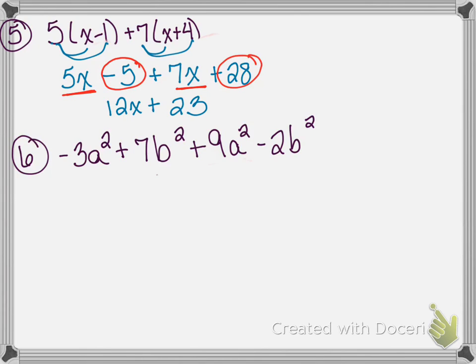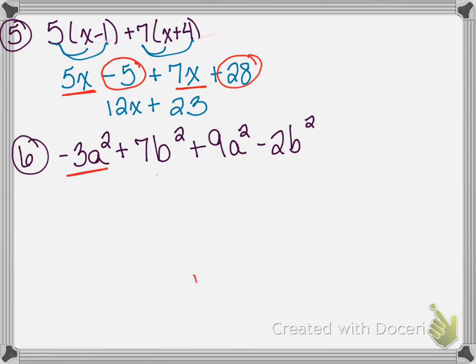Okay, the only thing that we can do here is combine like terms. We don't have anything that we can distribute. We also do not have anything that we can raise to a power, because the only thing being raised to powers are our variables. And I'm going to show you what that would look like if we were raising numbers.